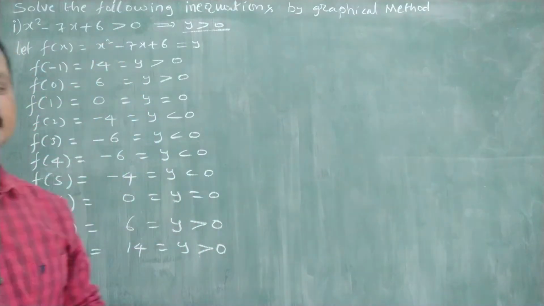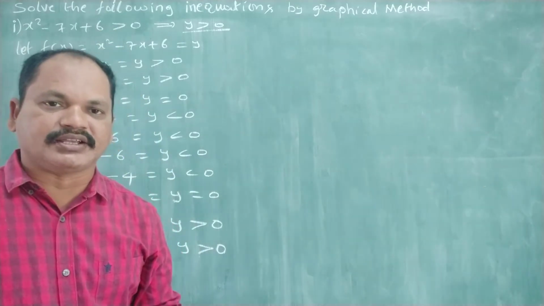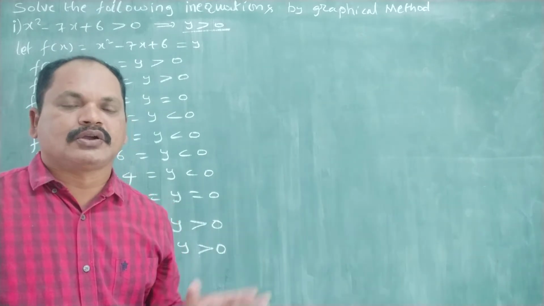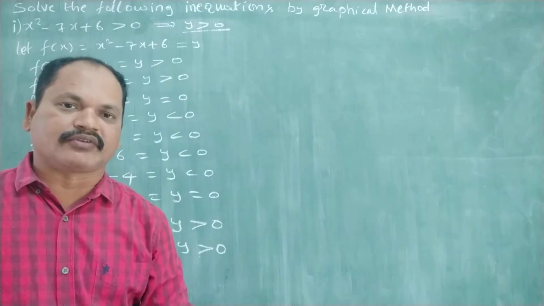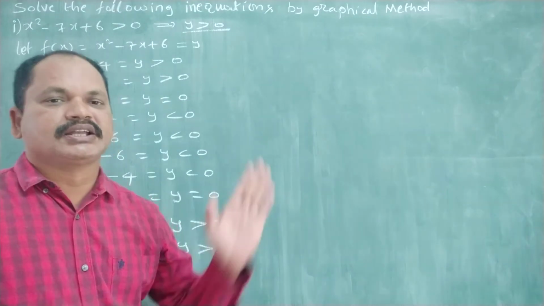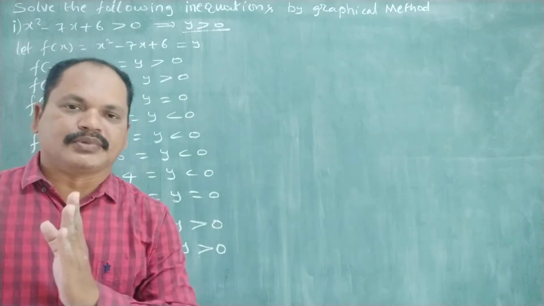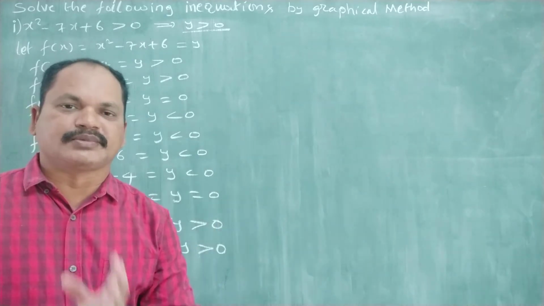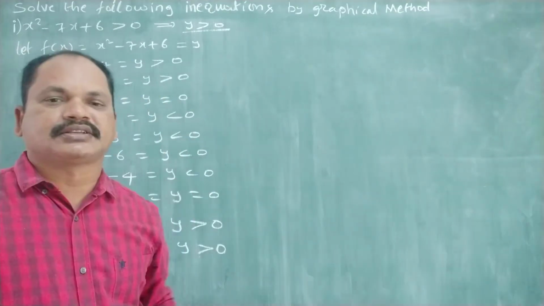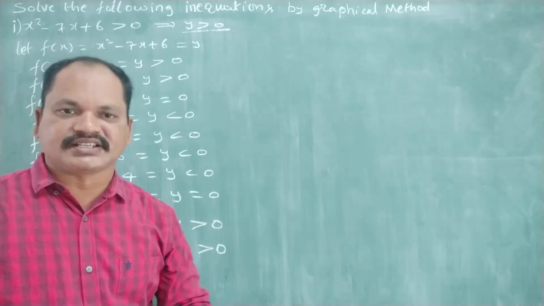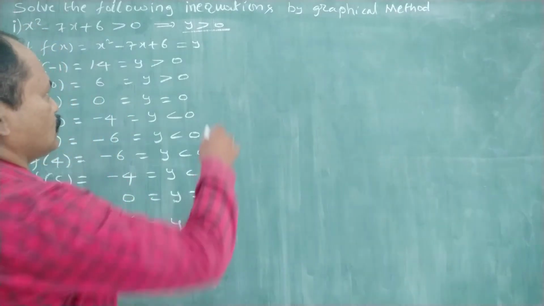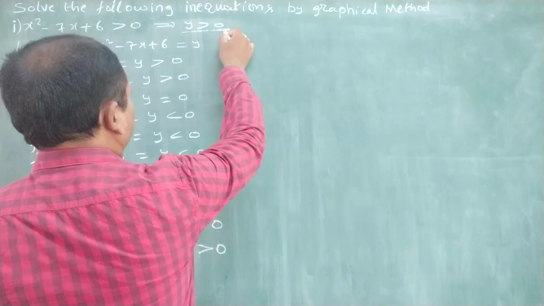From this representation it is very clear: all the real numbers below 1, excluding 1, satisfy this inequation, and all the real numbers above 6 satisfy this inequation. Now we have to draw the graph for this.